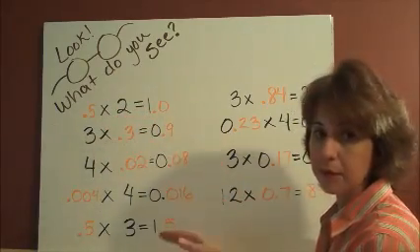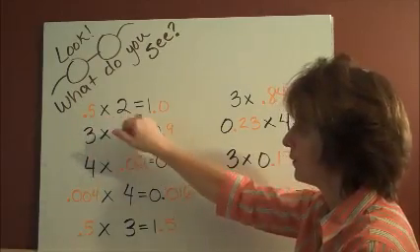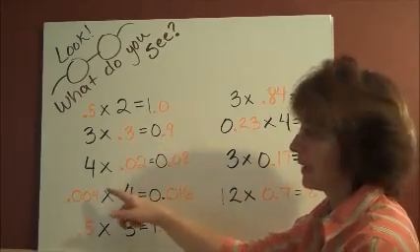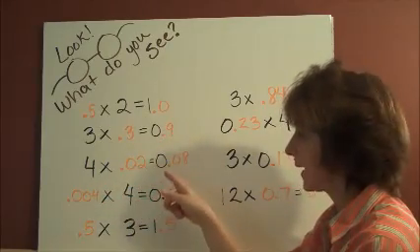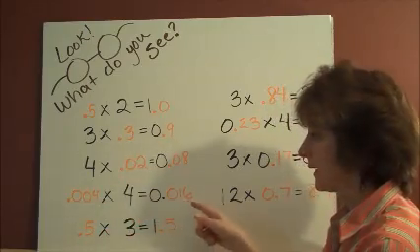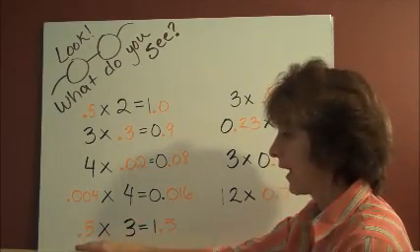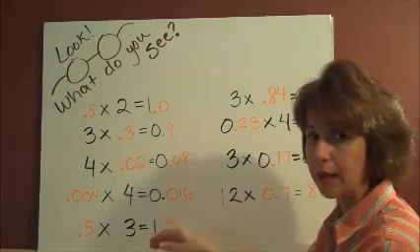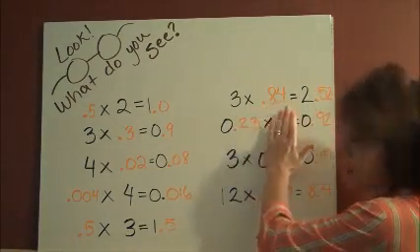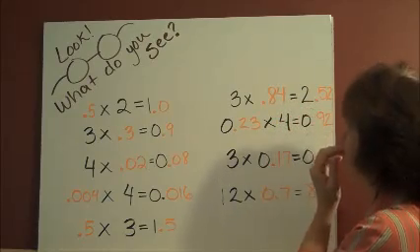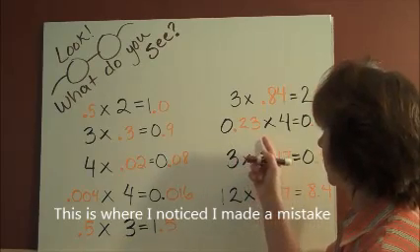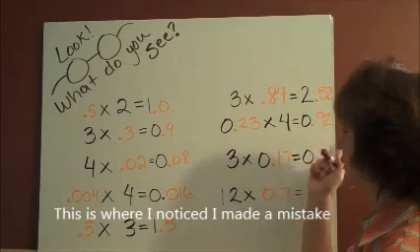These are all problems that we've done throughout this video. 5/10 times 2 is 1.0. 3 times 3/10 is 9/10. 4 times 2 hundredths is 8 hundredths. 4 thousandths times 4 is 16 thousandths. 5/10 times 3 is 1 and 5/10. 3 times 84 hundredths is 2 and 52 hundredths. 23 hundredths times 4 is 0 and 92 hundredths.